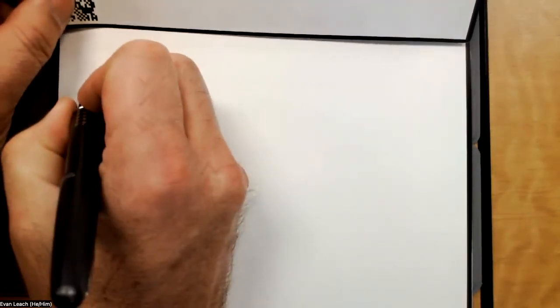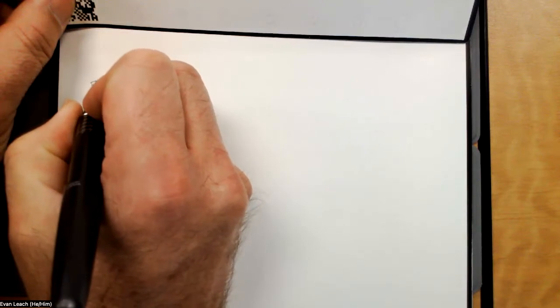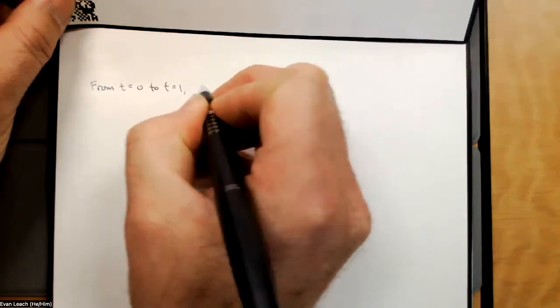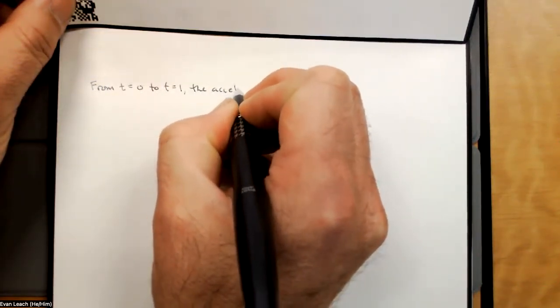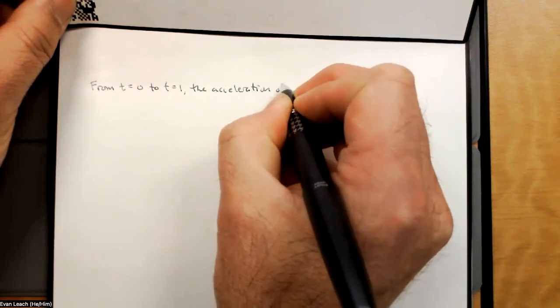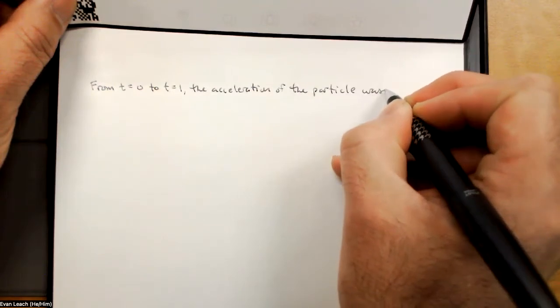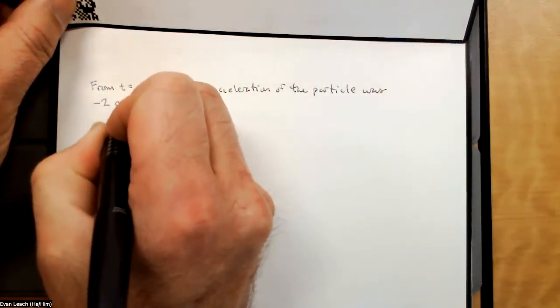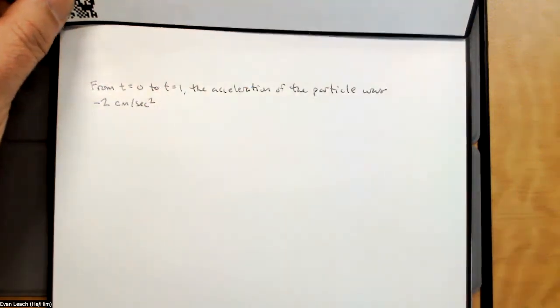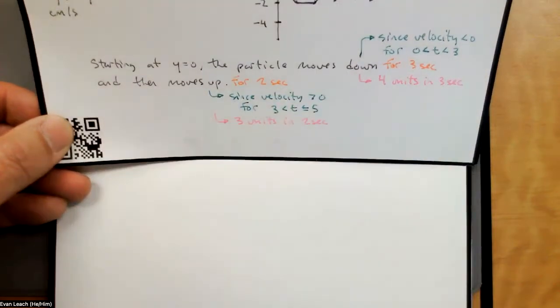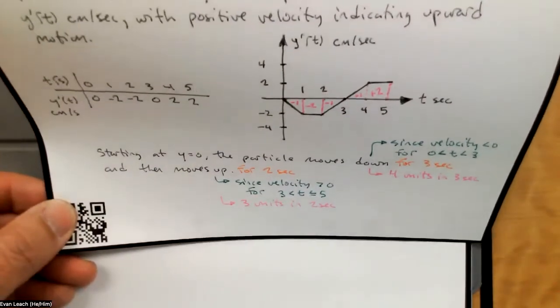So in that downward motion, from t = 0 to t = 1, the slope of the velocity was -2.